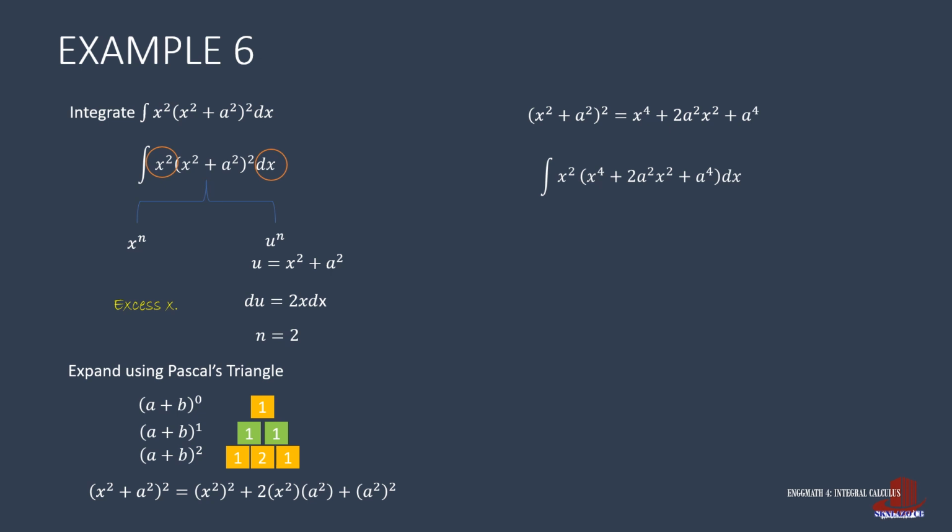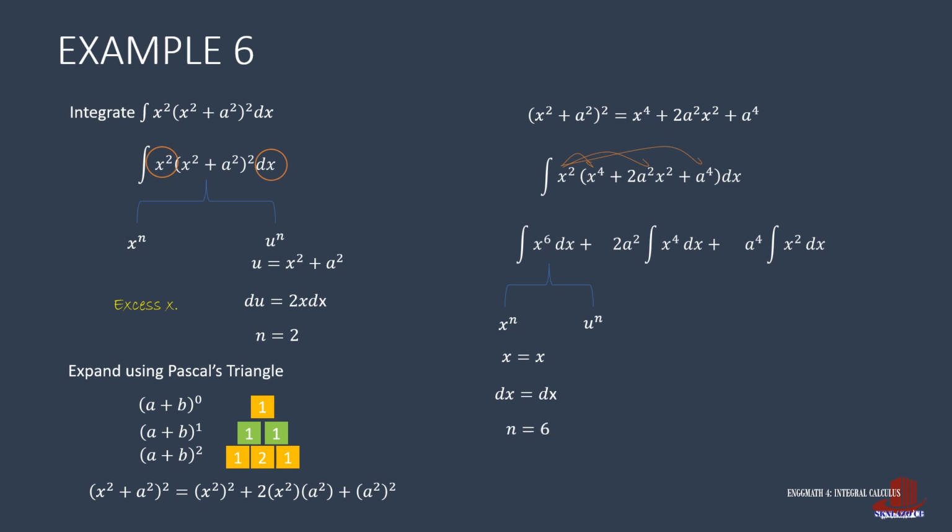Place the expansion into the function. The next step is to distribute the factored x squared and the integrand among the terms, giving the integral of x raised to 6 plus 2a squared times the integral of x raised to 4 plus a raised to 4 times the integral of x squared. The first term has an x raised to n configuration, where x is x, dx is dx, and n is 6.